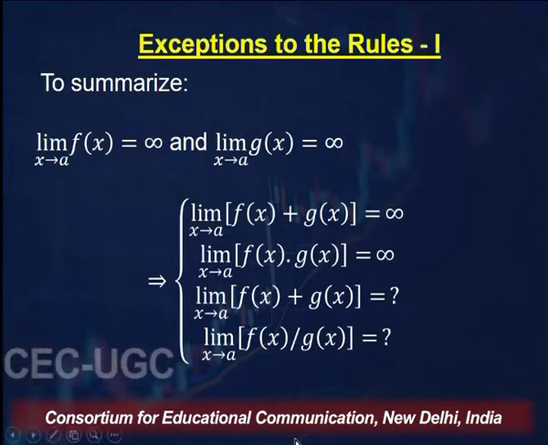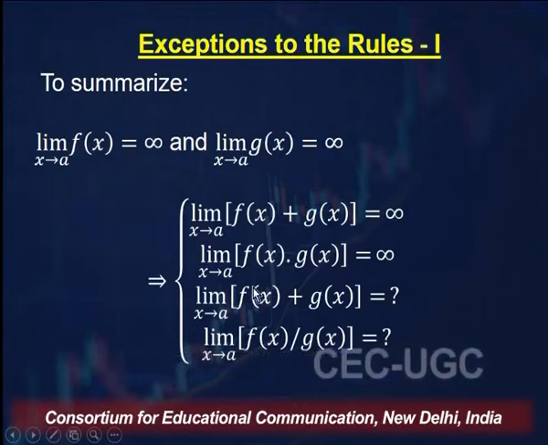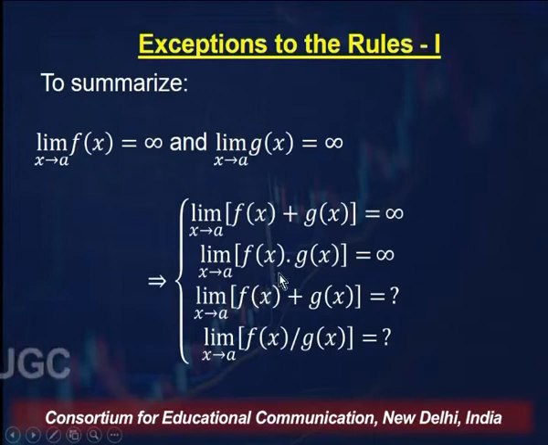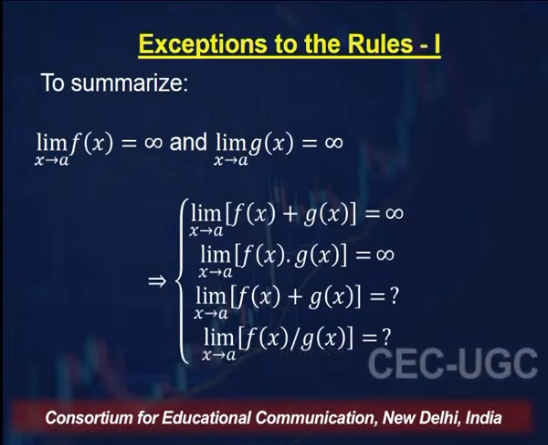The same is also true when we look at the product of the two functions and take the limit as x tends to a, because both f and g tend to infinity. Therefore, the limit of the product will also be infinity.